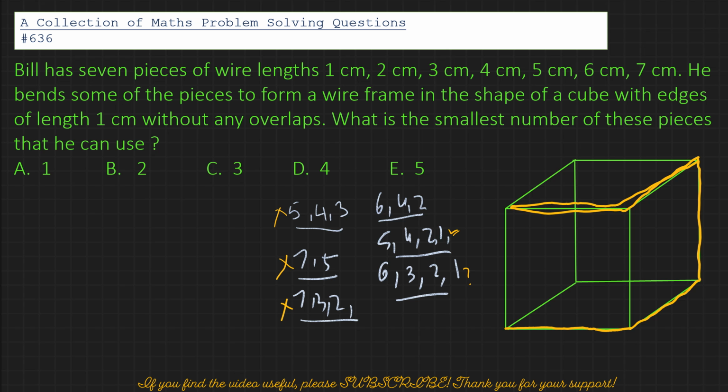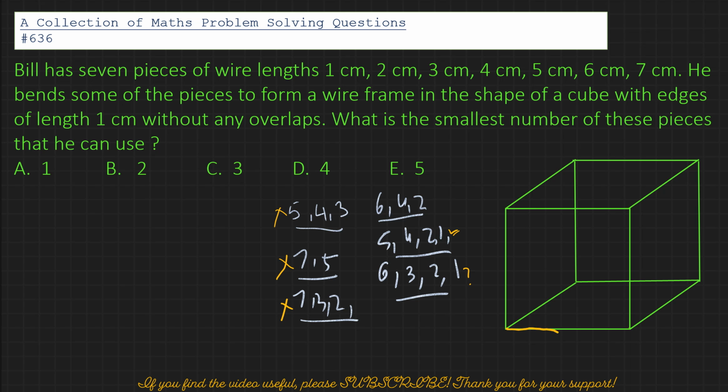If I decide to stop instead of continuing to 6, I can continue to 6. Maybe I continue to 6 and see if there's a possibility. 6, 3, 2, 1. No, that's not possible. So okay, I'll stick to 5, 4, 2, 1.